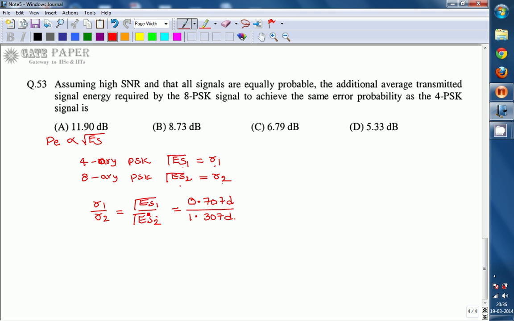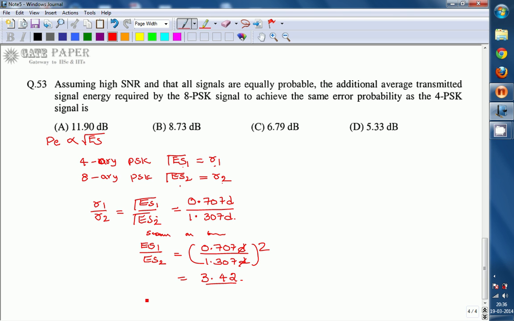But here we have roots, so squaring on both sides, we get ES1 by ES2 equal to 0.707 D by 1.307 D whole square. This D cancels out. Now we simplify these values, and finally we get 3.42. This is the ratio for the energies of 4 array PSK and 8 array PSK.